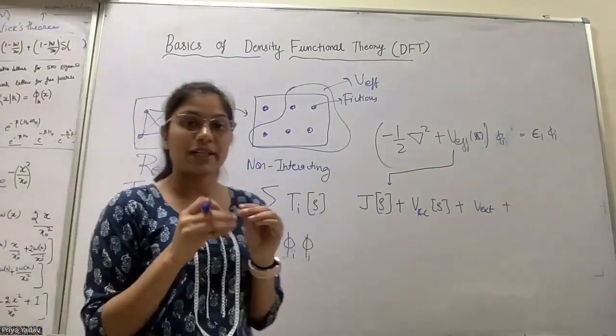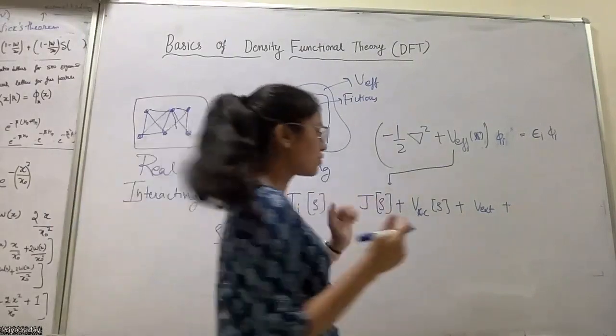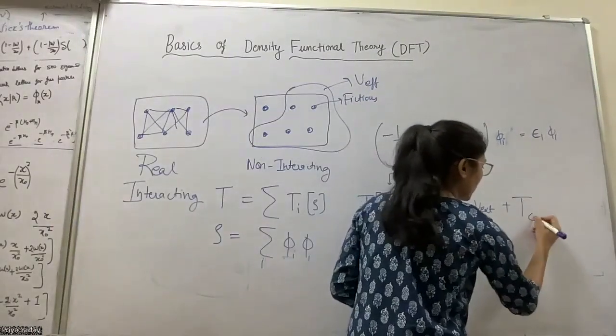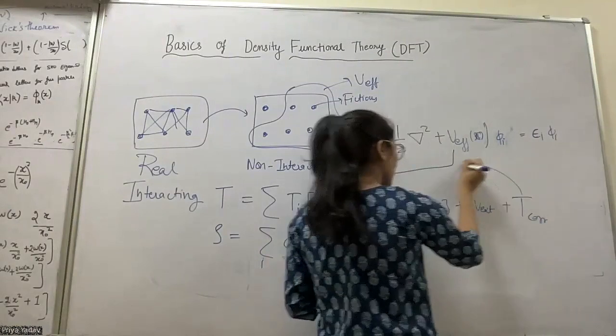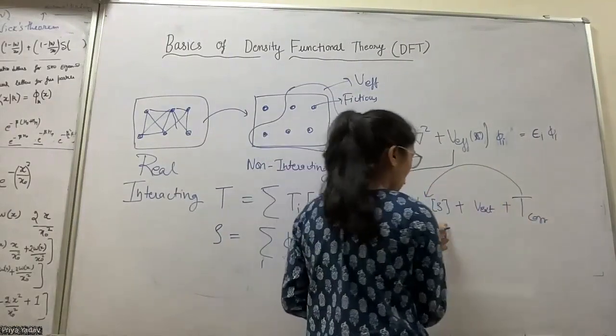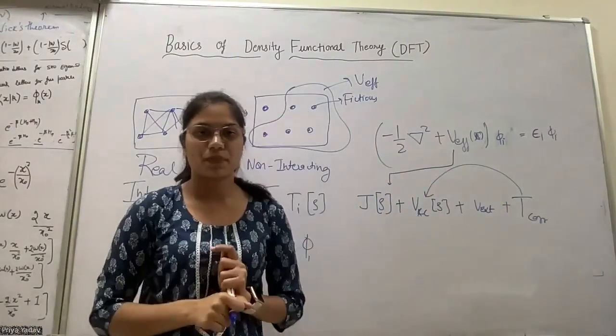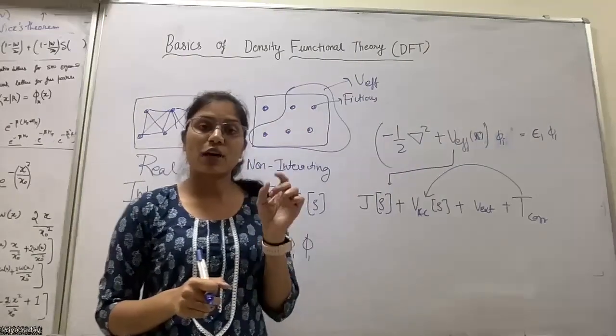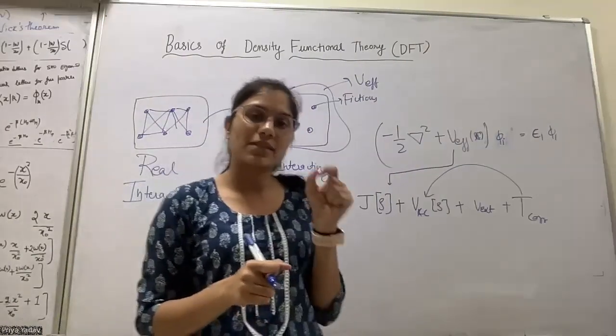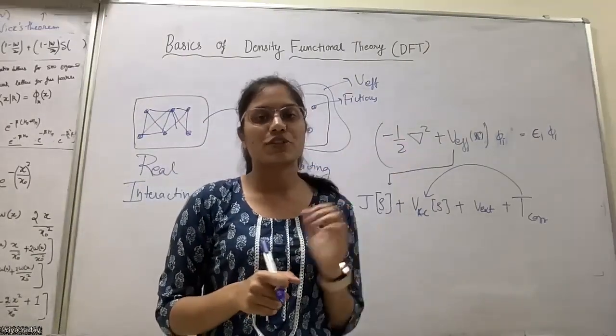So there is some kinetic energy correction which is also there, T correction I will write, and this T correction is also dumped into this exchange correlation.